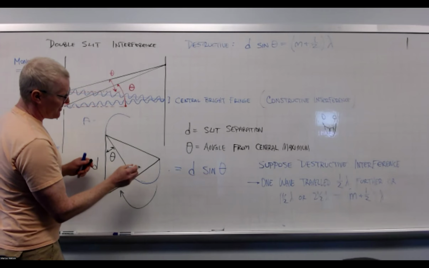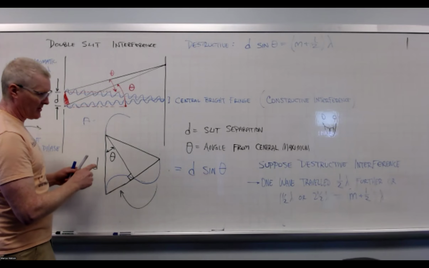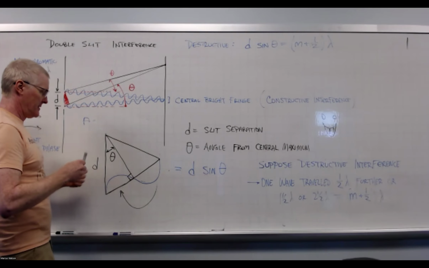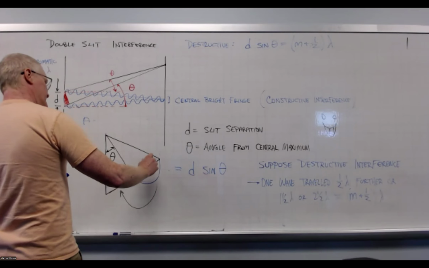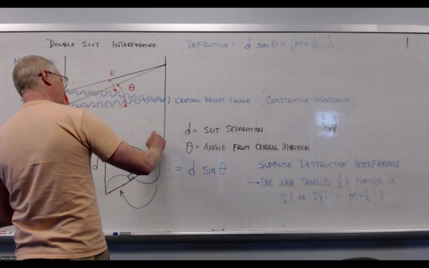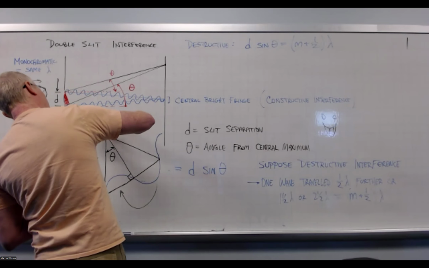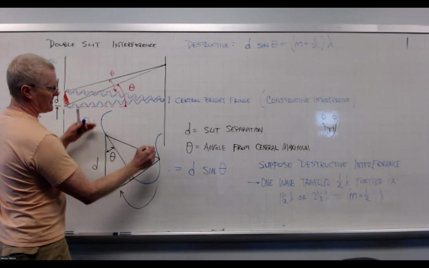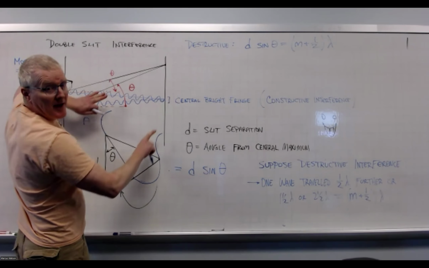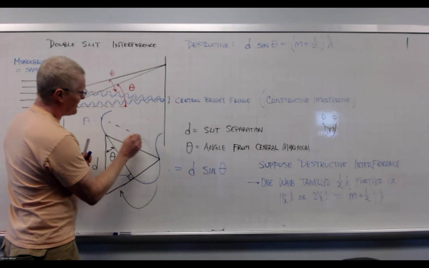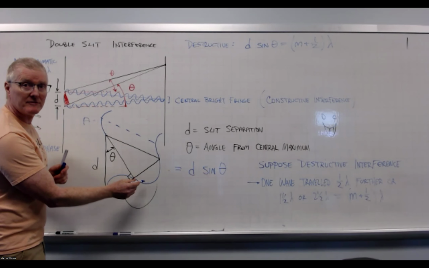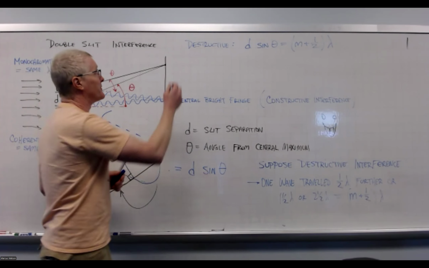Now up at this angle, the next thing that comes out of here is that, and what's coming out of here is that, and now I'm comparing these two. These two waves are going up at a steep angle now, but it's peak lining up with peak instead of peak lining up with trough. This is constructive interference.